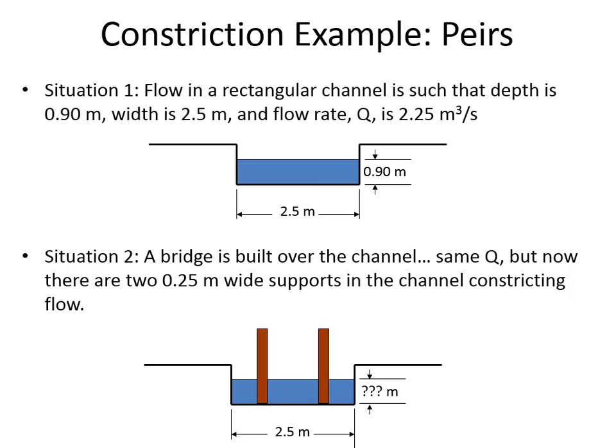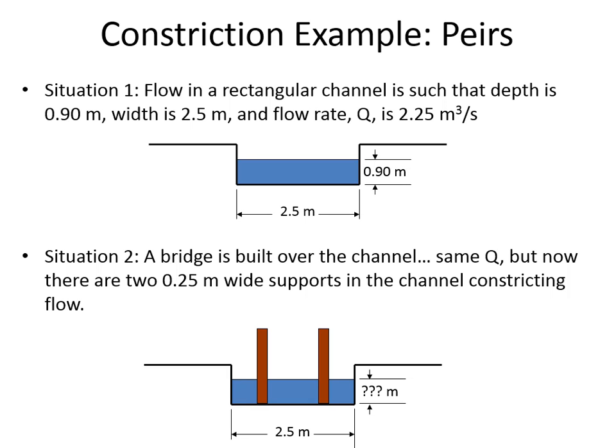And so our flow per unit width changed here in this example. And we're going to want to find out what's going to happen to the flow depth because of this obstruction. All right.